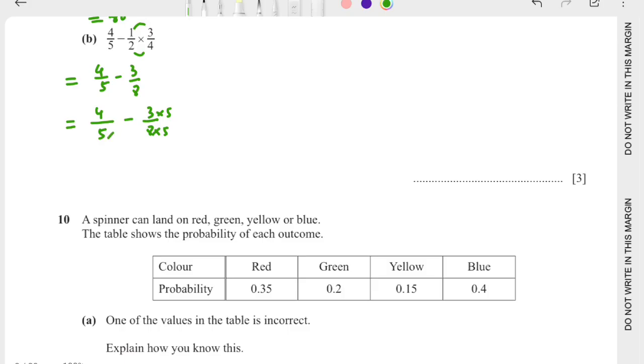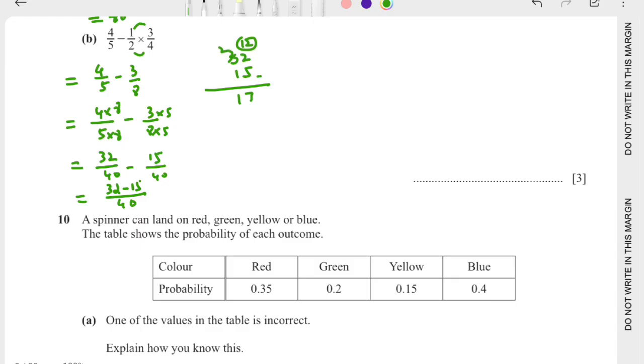So this becomes 32 over 40 minus 15 by 40. So LCM would be 40. 32 minus 15, we'll subtract it. So this becomes carry, 7 and 2 is 17. So the final answer would be 17 by 40.